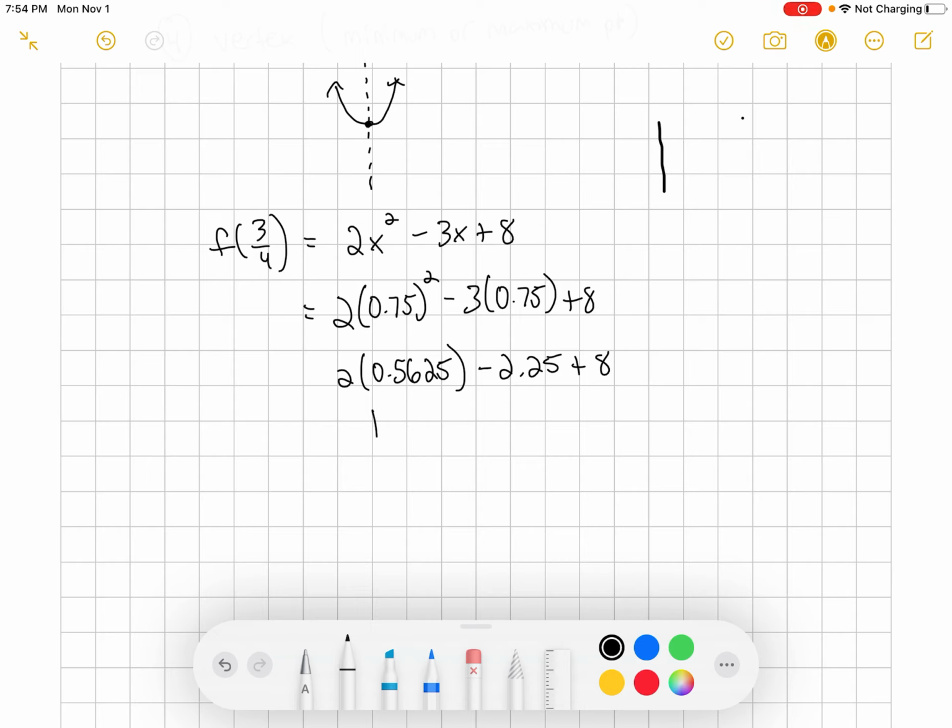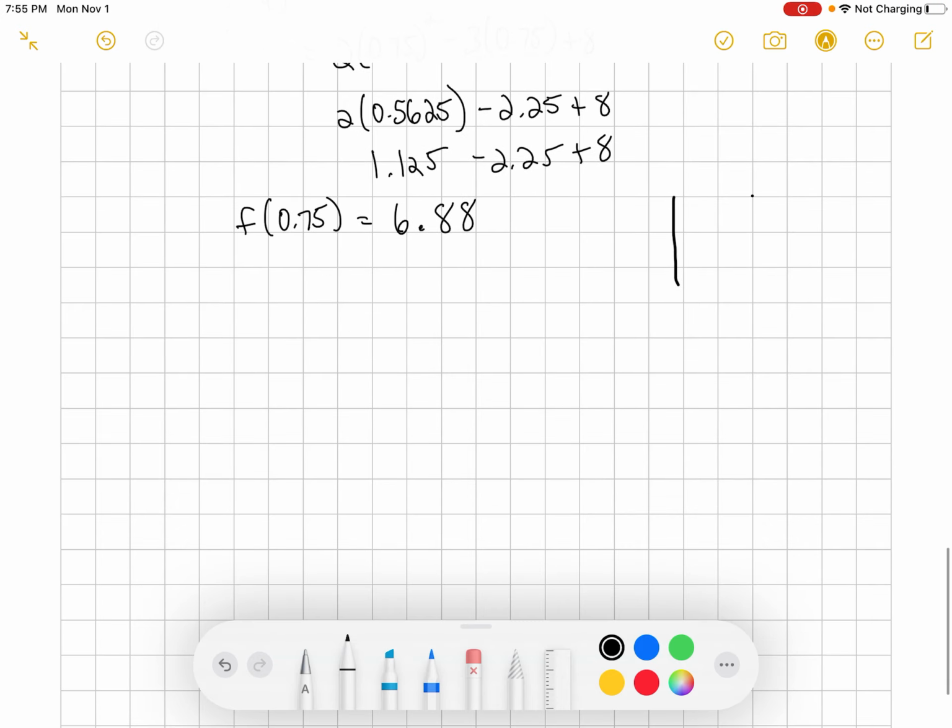It gives me 1.125 minus 2.25 plus 8. Okay, so I get f of 0.75 equals 6.88. Just round to the nearest hundredth. Okay, and so that is my output. My input is 0.75. My output is 6.88.